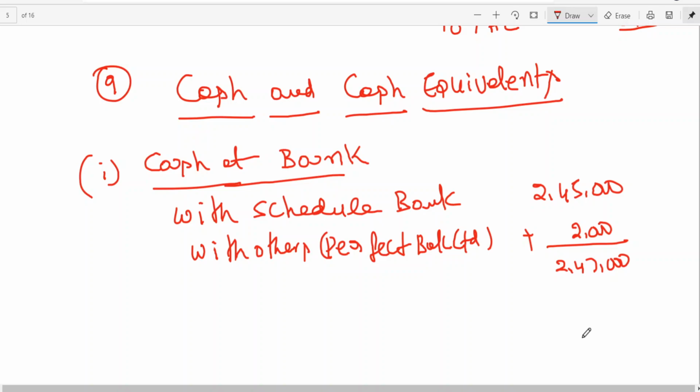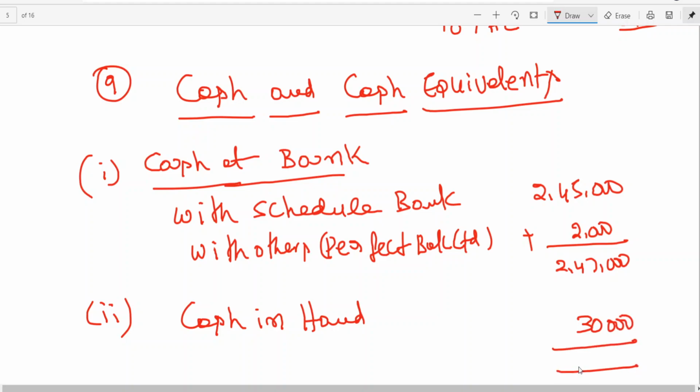Next, we are also having cash in hand. What is your cash in hand? 30,000. Now the cash and cash equivalents total is 2 lakhs 17,000.